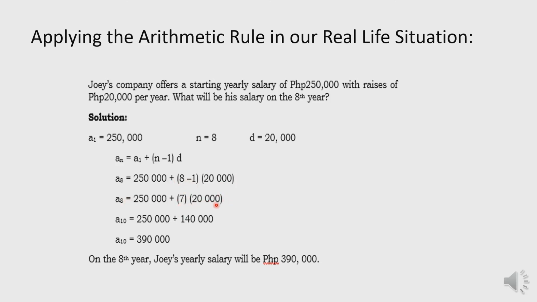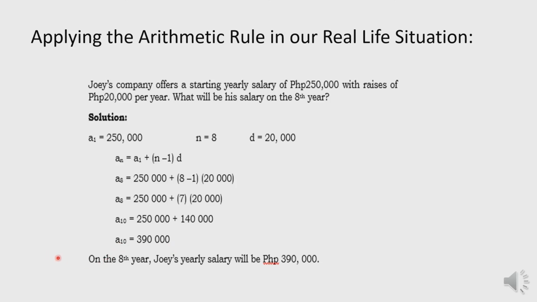Multiply it by 20,000, you get 140,000, added to 250,000. This is a sub 8, not a sub 10, a clerical error. So our 8th term, a sub 8, is equal to 390,000 pesos.